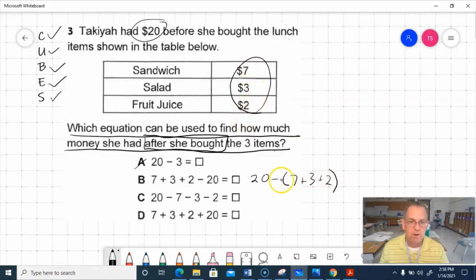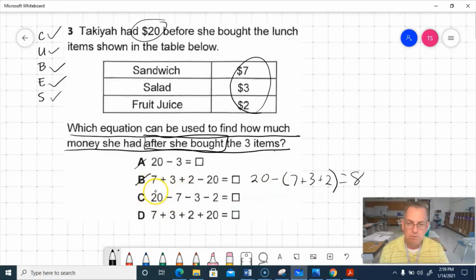And if you take away 12 from 20, I just count out from 12 to 20, that's 12, 13, 14, 15, 16, 17, 18, 19, 20. Looks like she's going to have $8 left. And that's how we solve it. But in this particular case, that would not be the way we solve it, because the answer to that would be negative 8.